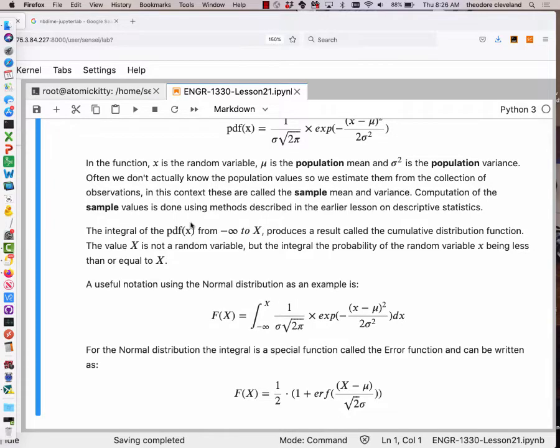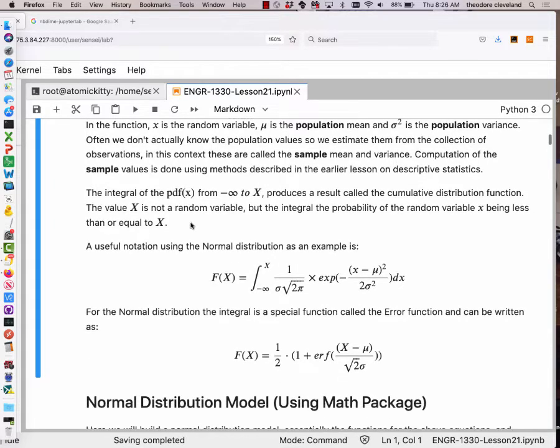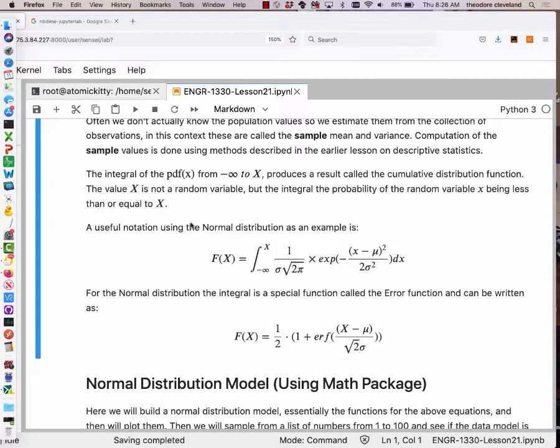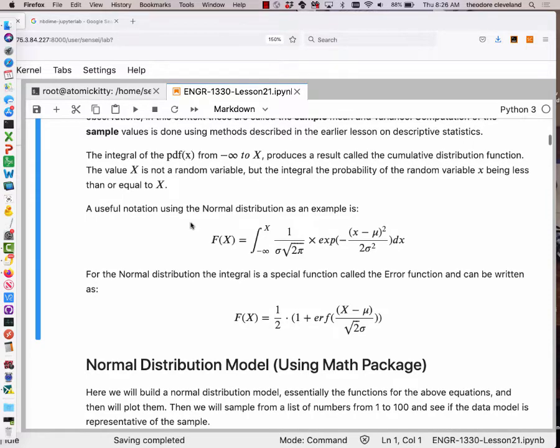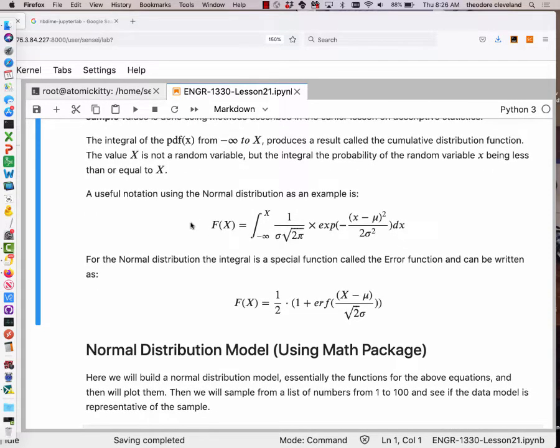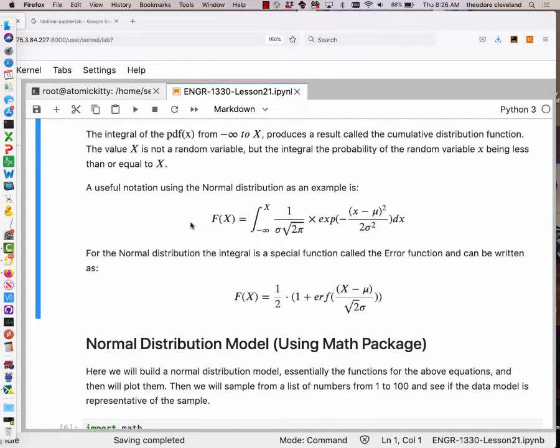And we did that, and we actually saw a really cool thing called bootstrapping, which did it over and over again to approximate the distribution. If we integrate that function from minus infinity to capital X, that result is called a cumulative distribution function, and that's what's drawn over there on the chalkboard on the right.